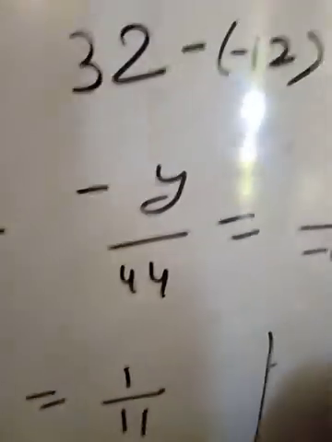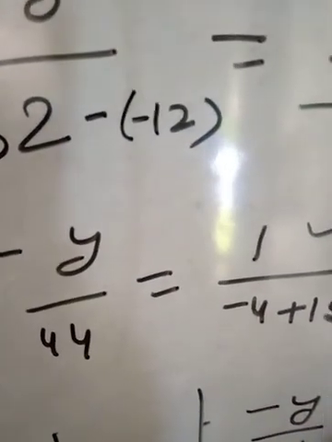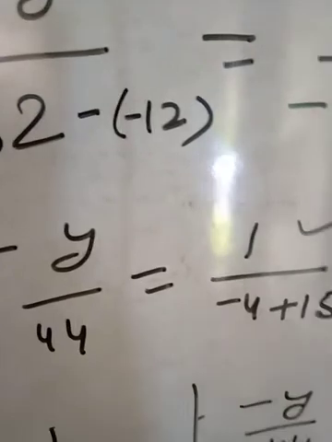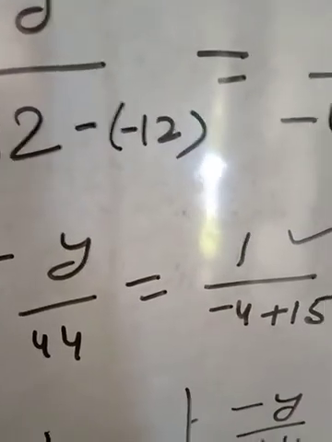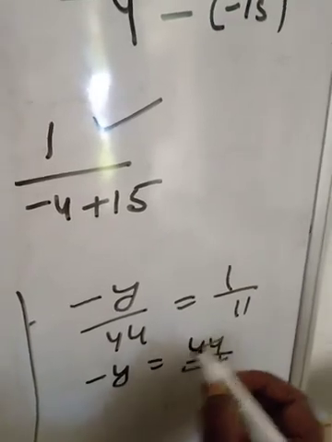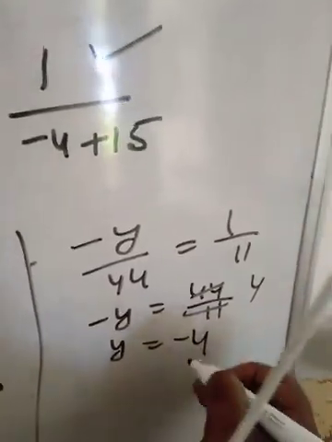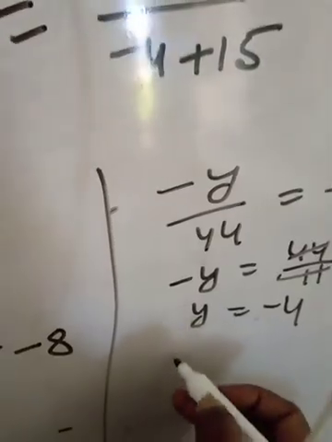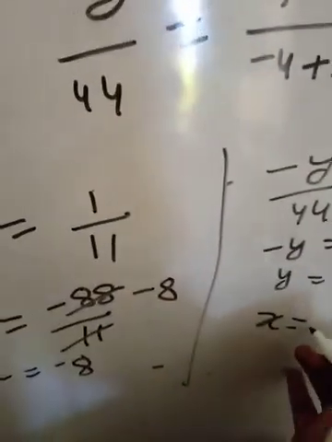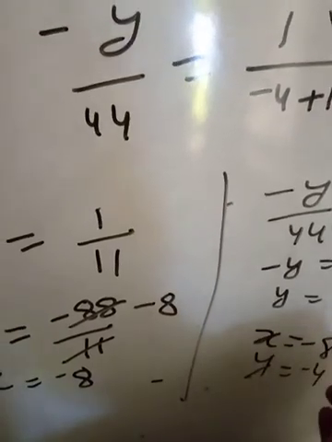Again, minus y by 44 is equal to 1 by 11, so minus y is equal to 44 by 11, which is 4, so y is equal to minus 4. Again we get the same answer: x is equal to minus 8 and y is equal to minus 4.